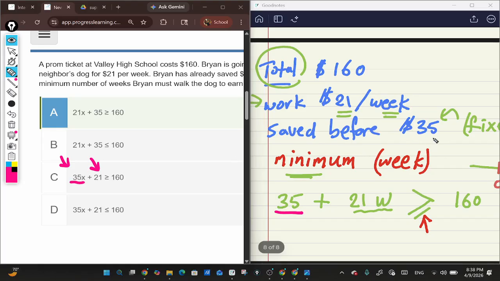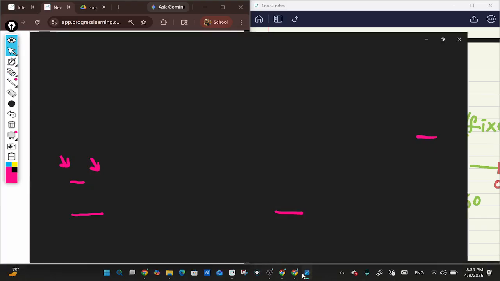The fixed number was 35, he saved 35, not 21, and he will be paid 21, not 35, a week. The same with option D. So options C and D are not the right answer. We reach the point that the right answer is exactly A, as we said before.